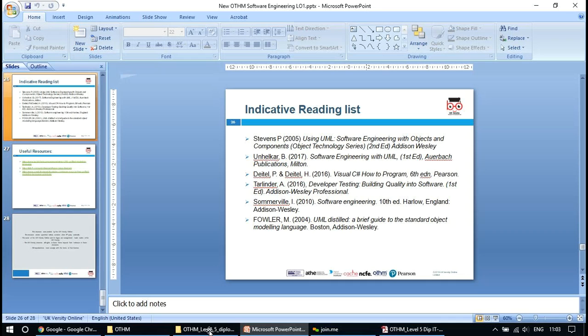Like Using UML, Software Engineering with UML, and developer testing, and I will also send you the soft copy of Software Engineering by Sommerville and UML Distilled by Martin Fowler. Okay, thank you.